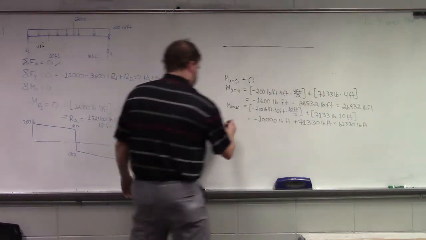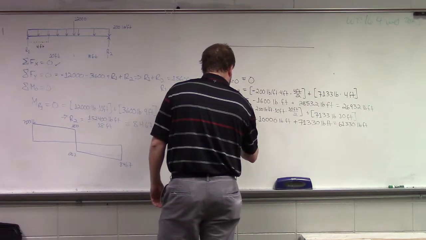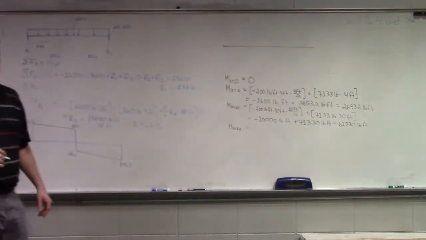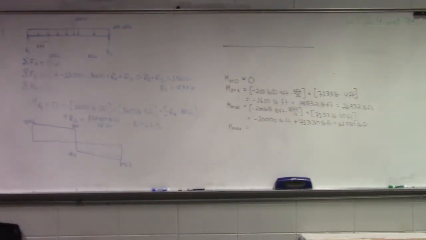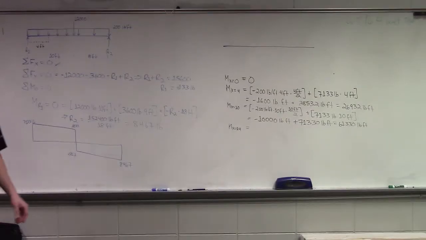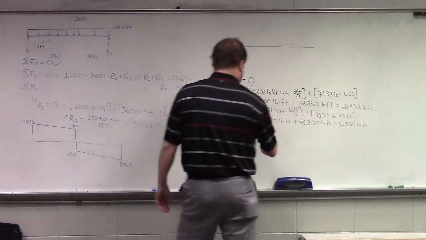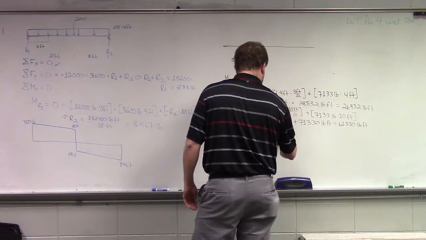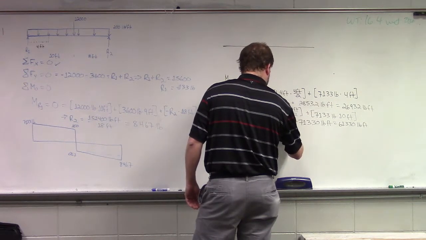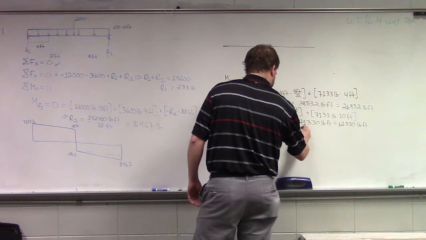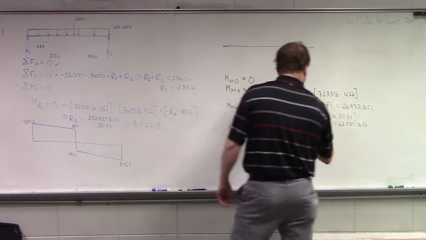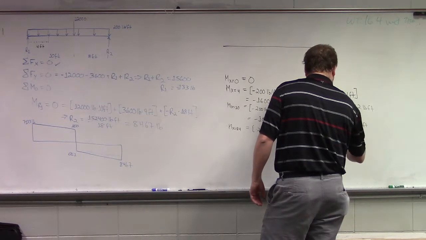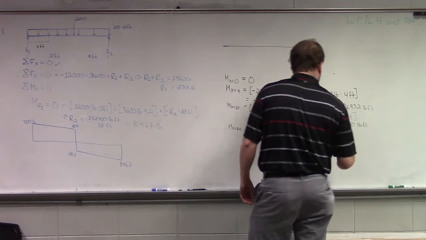Okay, how about x equals 14? So it'd be negative 200 times 14 times 7, plus 7,133 times 14. 26,932 pounds. Okay.